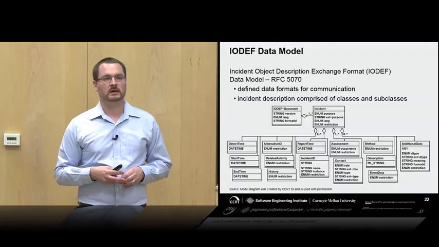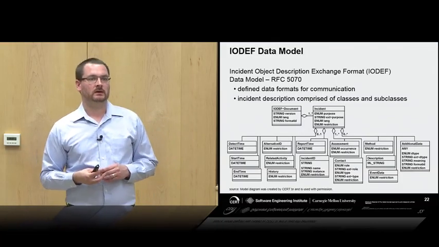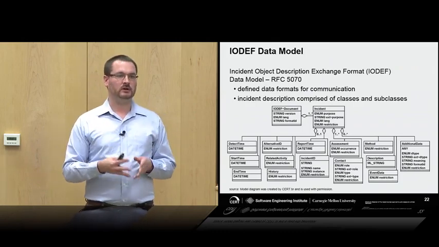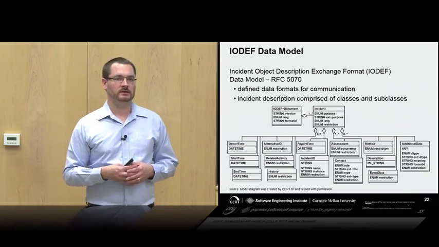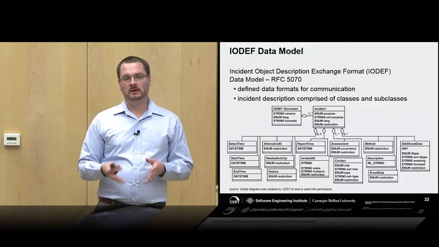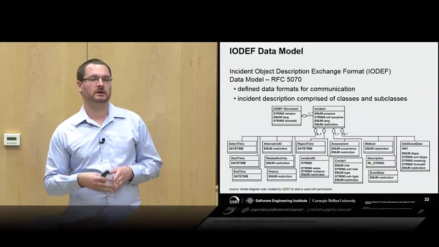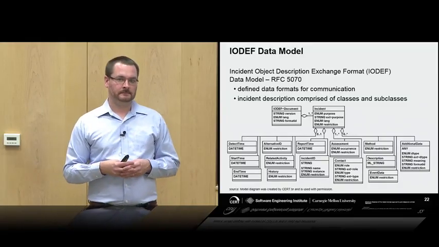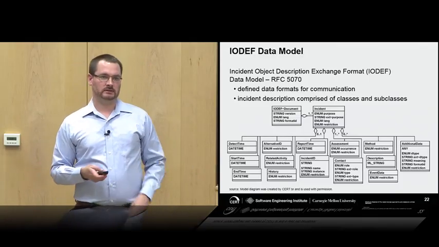In this case, IODEF is defining the time of detection, the time that the incident started, the time that it ended, the time that it was reported, an assessment of what happened, the method of the attack, a description of the attack, and then also additional data about the event, such as enumerations of various different objects that could have happened during this incident.